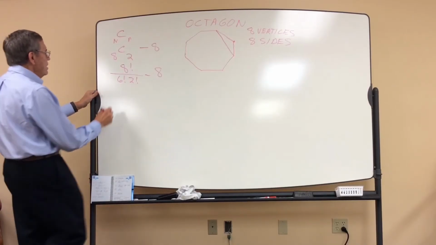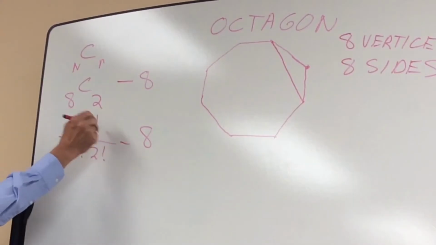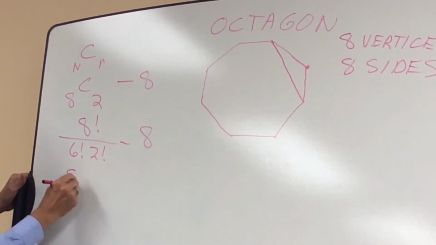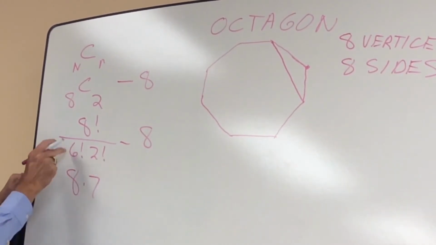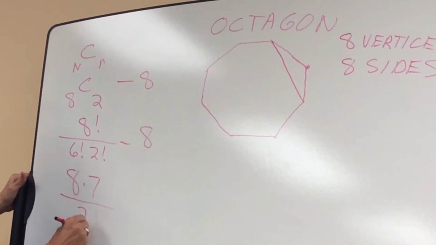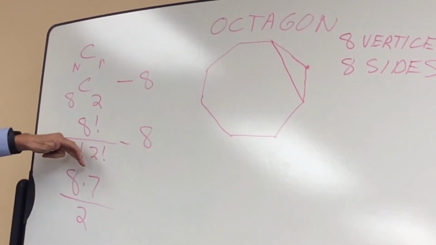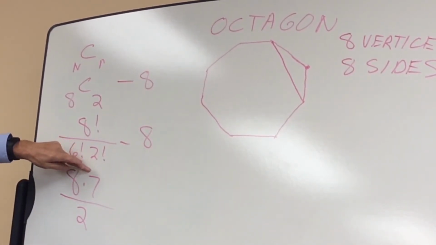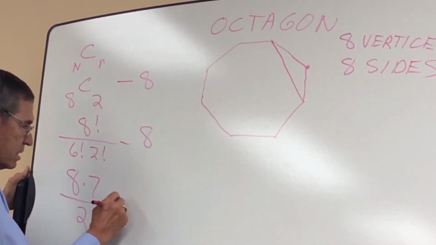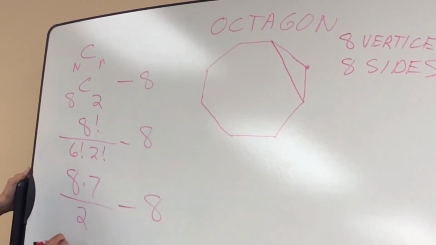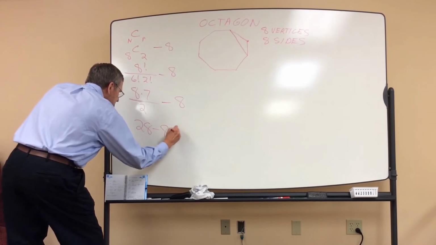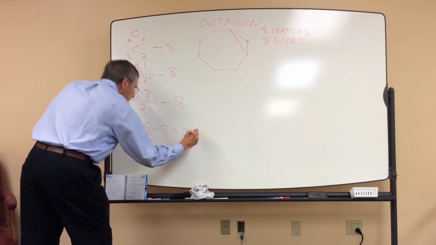Remember that the 6 factorial cancels out the bottom part of the 8 factorial. So what we have, 8 times 7, and 6, 5, 4, 3, 2, 1 gets canceled out. 2 times 1 is 2. So 8 times 7 is 56, divided by 2 is 28. So this is going to be minus 8. So 28 minus 8 is 20 diagonals.